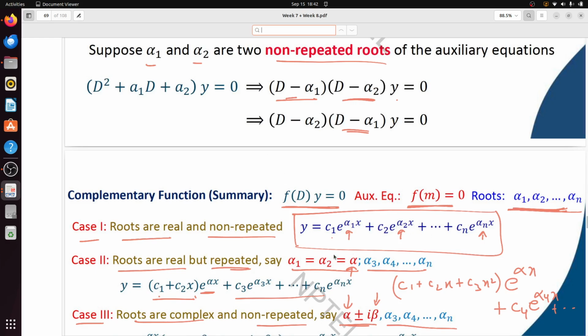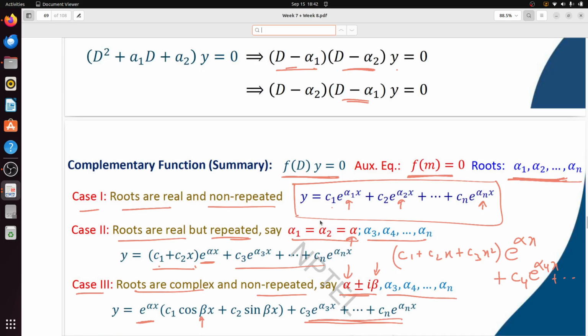Okay. Now for example, if you have two roots to be equal, say alpha 1 equal to alpha 2 equal to alpha, and alpha 3, alpha 4, up to alpha n are non-repeated. But you cannot write c1 e^(alpha 1 x) plus c2 e^(alpha 1 x) again, right? In the complementary function you will need n linearly independent copies.